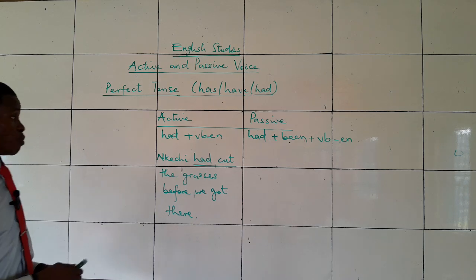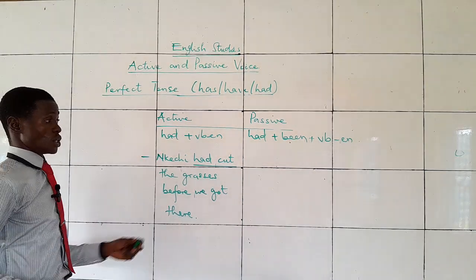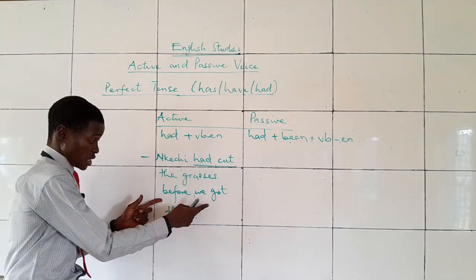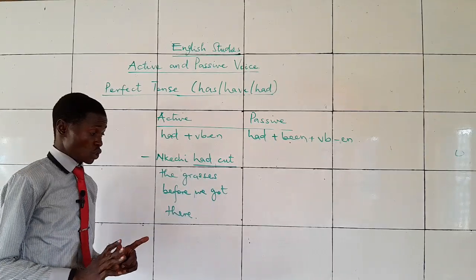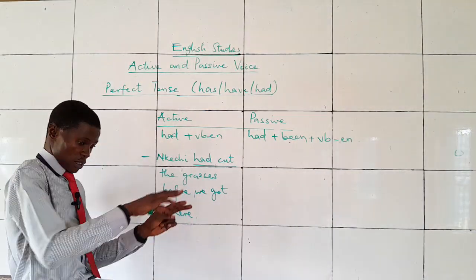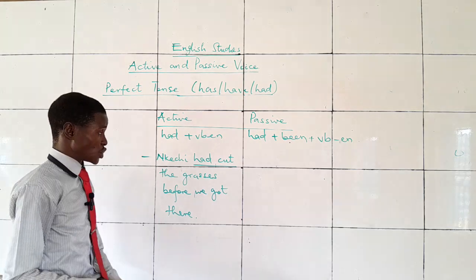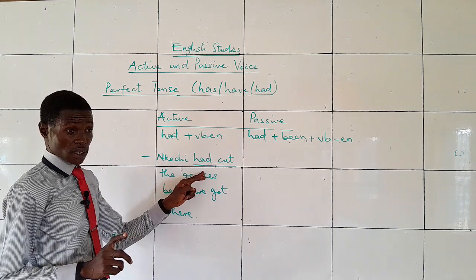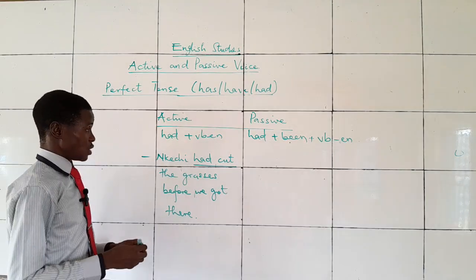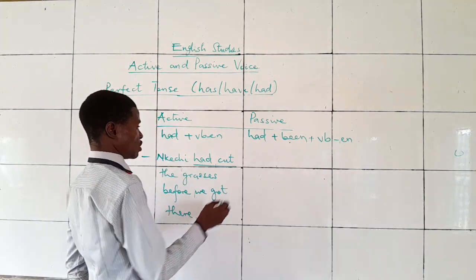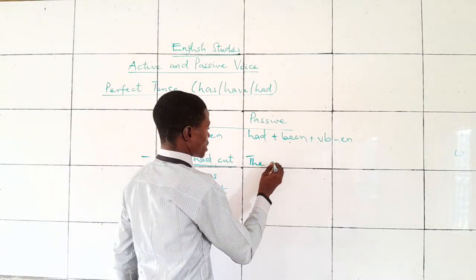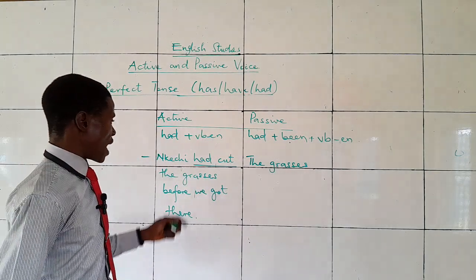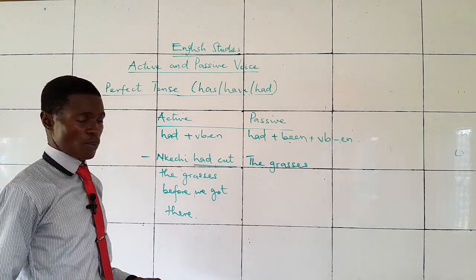How do we convert it to passive? It's very simple. We just say, like we said in the previous edition, that you remove the adjunct first. Now, not to confuse yourself, before we got there, remove it. Don't get yourself confused. You now base your work on S, which is Nkechi, V, had cut, and O, the grasses. We now have the grasses being brought to the position of S. The grasses as our subject now. Had does not have either singular or plural. It is still the same.